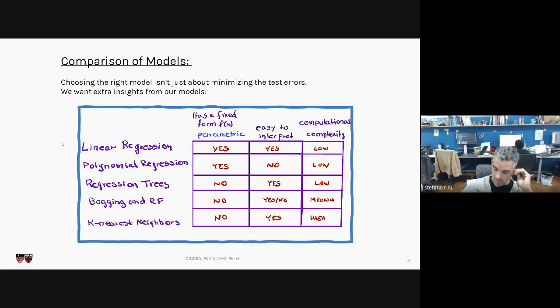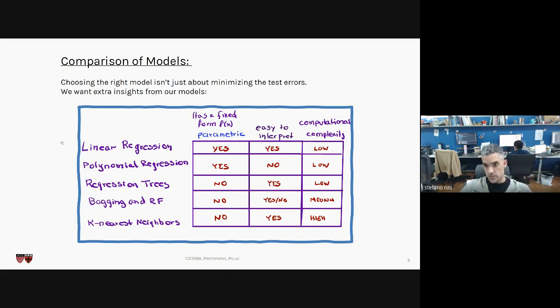Linear regression and polynomial regression are parametric. Whereas the regression tree, Bayesian and random forest, and k-nearest neighbor are non-parametric. Remember, k-nearest neighbor was the only non-parametric method that we saw after the first class, right? Then we had this long dive into parametric methods.